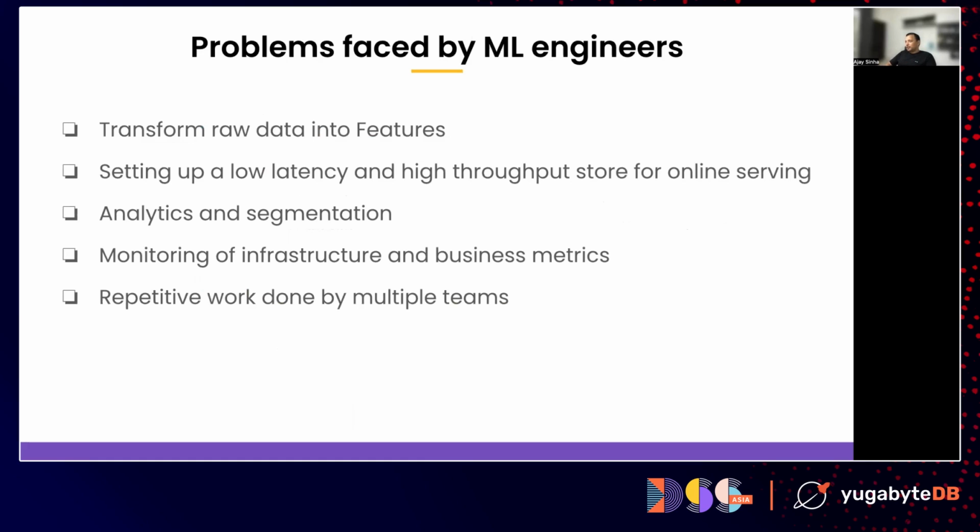If we take the conceptual architecture which we just saw, and we have to implement it, we can outline the problems which will be faced in general by the ML engineers. First thing, you need to transform all the raw data into features, which means a typical data engineering exercise like setting up data ingestion pipelines and writing those queries which can do the aggregation, transformation, and whatnot to compute the features from raw data.